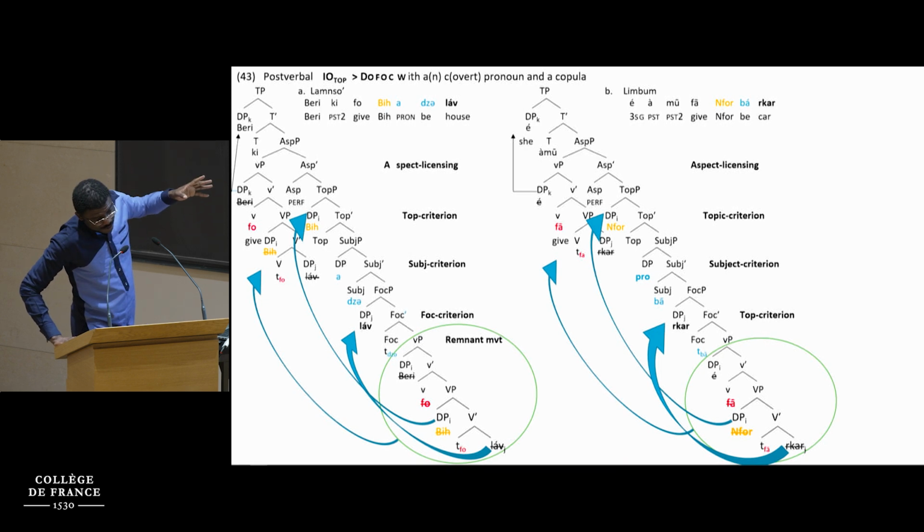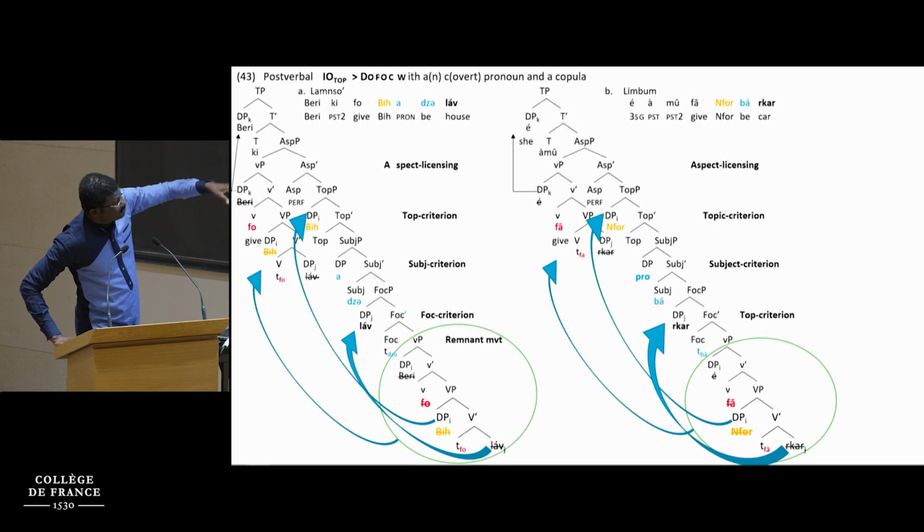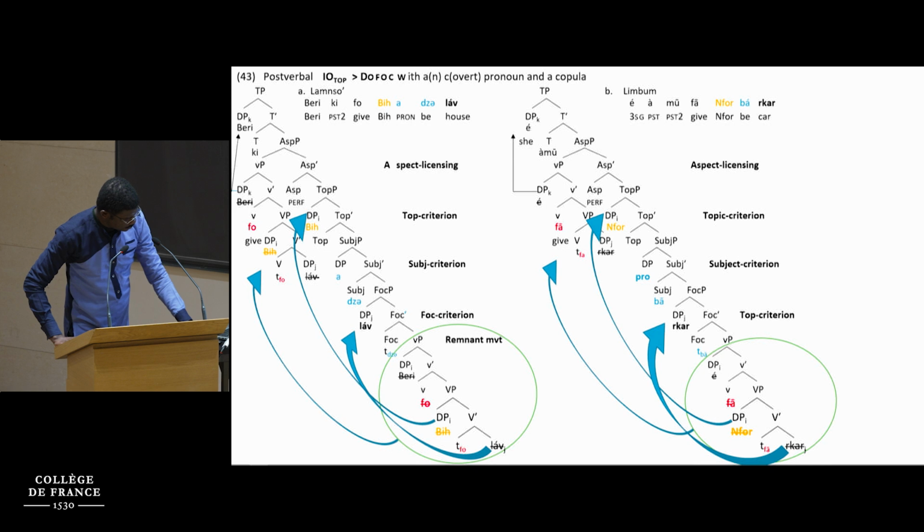When you send it here, you can now extract the subject and send it up to the subject position. It's actually the same. If you see Lamso, you see Limbum. The difference is that you have a null pronoun there, but here you have a pronoun which is an expletive.